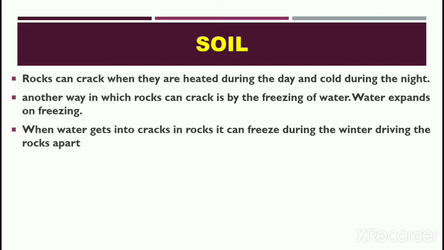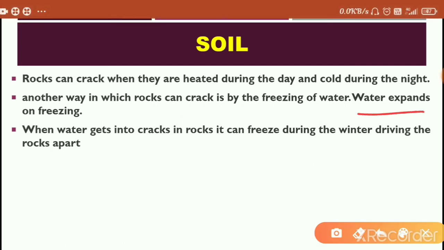This point is very very important. This expansion makes the rocks lose their strength and come apart. One fine day they will fall down and break into small pieces. I will show you that video, students. When you observe it, you can clearly understand the breakdown of a big rock into small pieces.